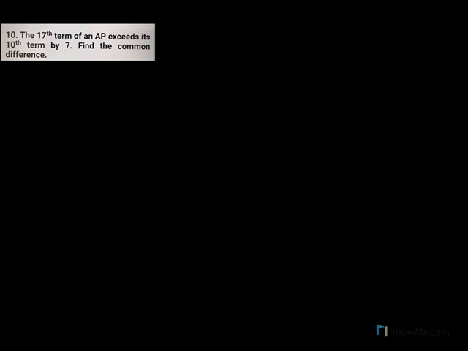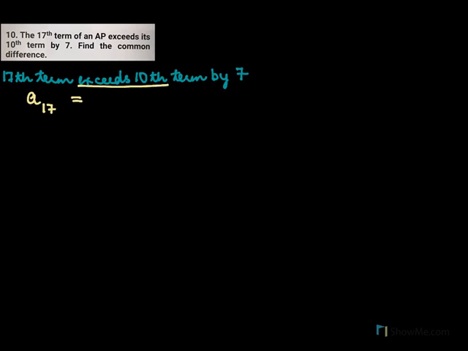The 17th term of an AP exceeds its 10th term by 7. So 17th term means a17 equal to, exceeds the 10th term means 10th term plus 7. So when I put this statement mathematically, it becomes a17, the 17th term, is the 10th term plus 7.